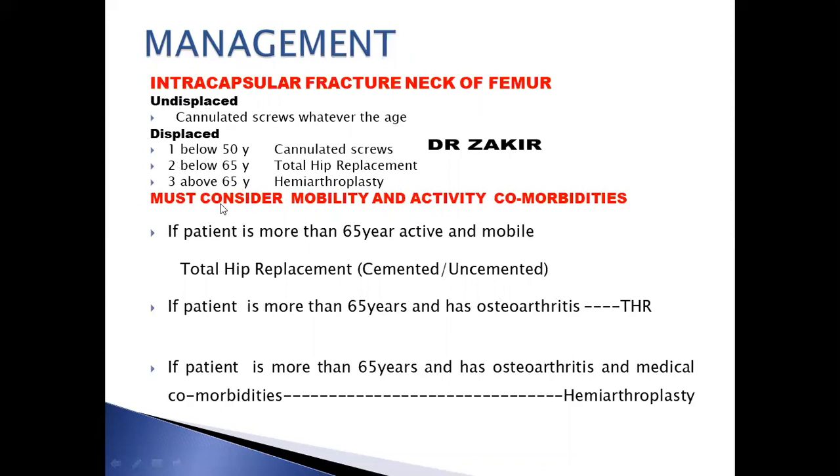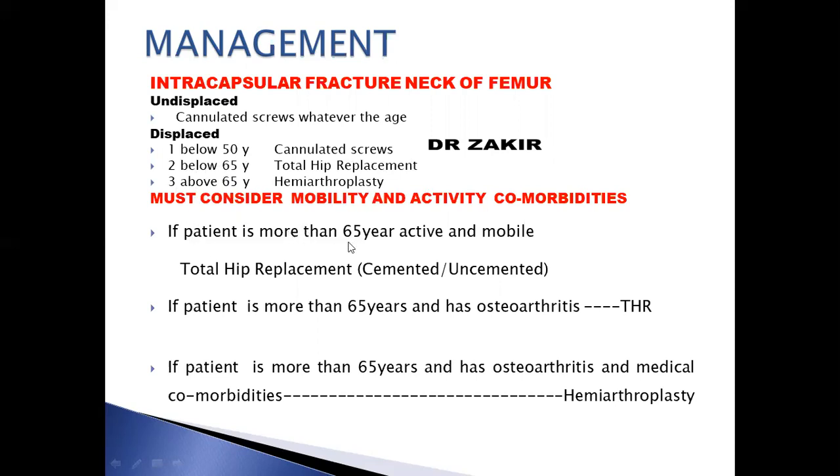If the fracture is displaced and the patient is less than 50 years, give the chance of fixation with the cannulated screws. If the patient is less than 65 years and has no comorbidities, go for total hip replacement. And if the patient is more than 65 with comorbidities, then we'll go for hemiarthroplasty.